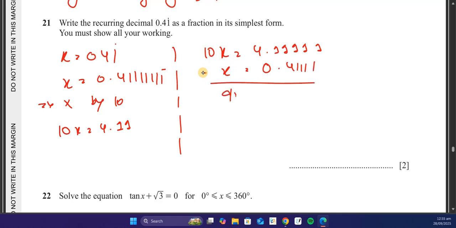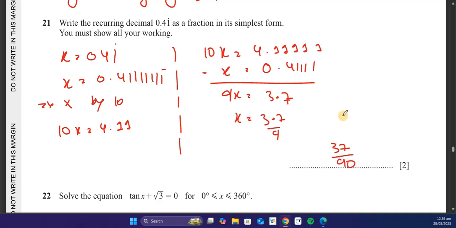That should give us 9x is equal to 3.7. Now it's not a recurring decimal, and x is equal to 3.7 over 9. If we multiply numerator and denominator by 10 again, that should give us 37 over 90, and that is our final answer.